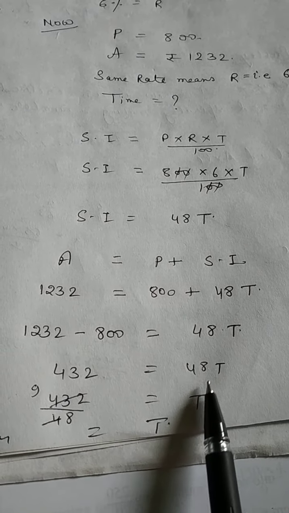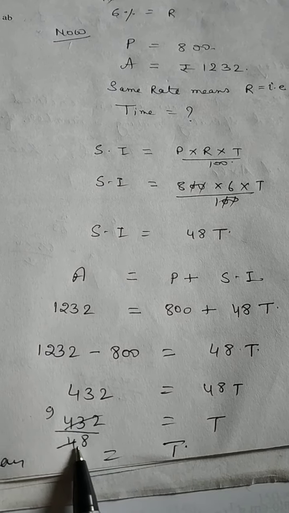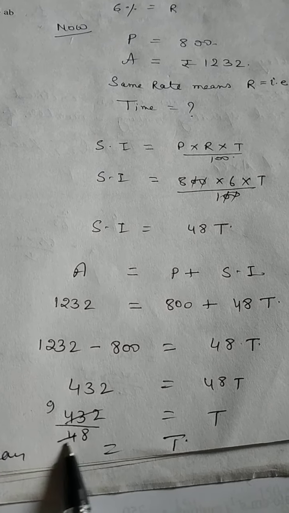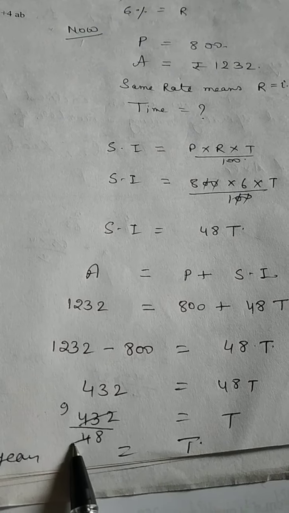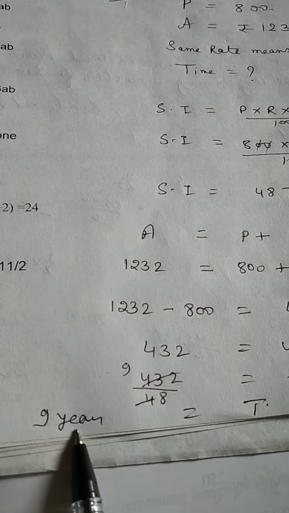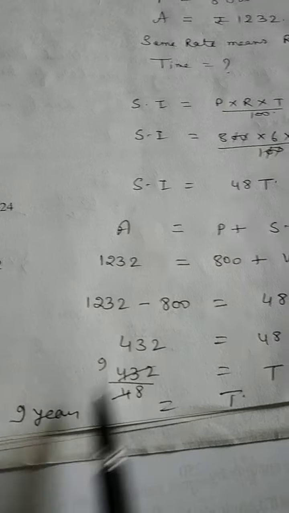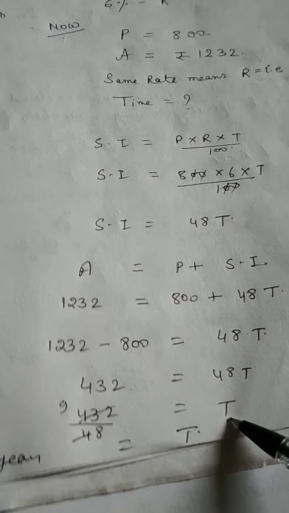So T you will just leave it here, and 48 is in multiply. If it comes this side, it will come in divide. So T value, 48 9s are 432. So time is 9 years.